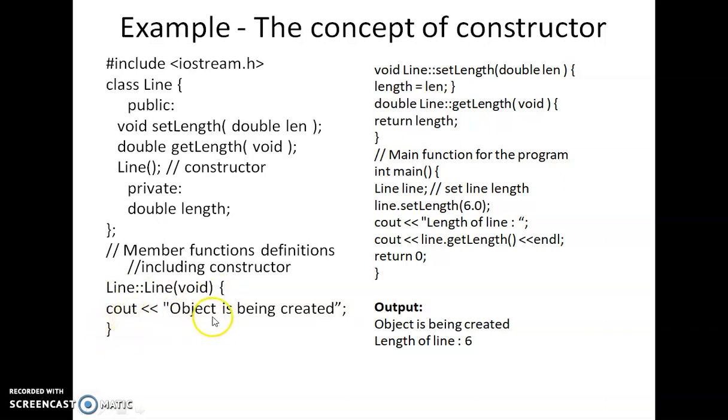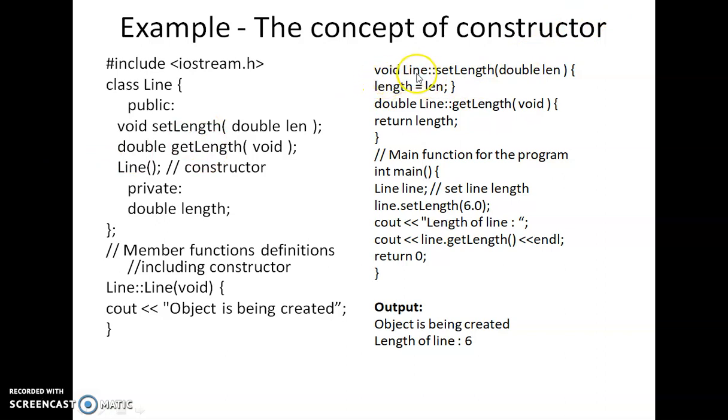Inside this constructor, we are just printing, using cout, "Object is being created." That's all. For the other methods, setLength and getLength, they are also defined here. See here, void: this method is not returning any value.